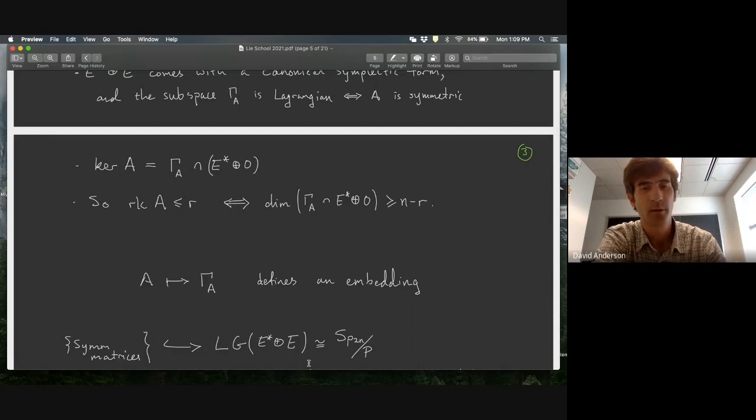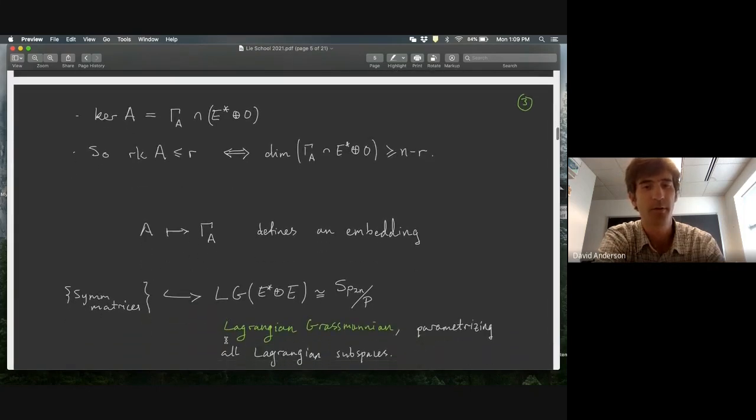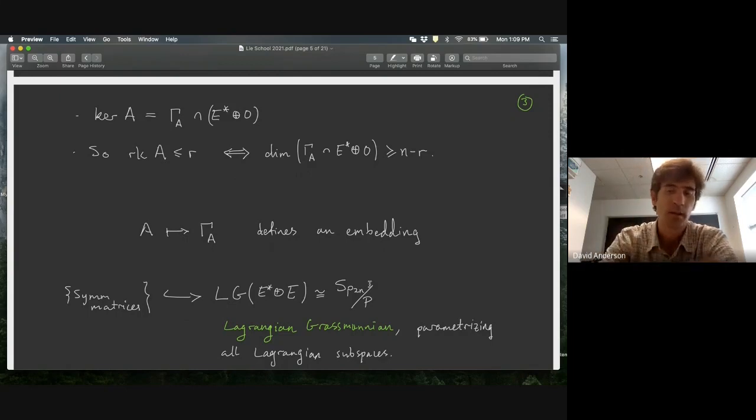And this LG stands for the Lagrangian Grassmannian, and it parameterizes all Lagrangian subspaces. And I've written here to start making the connection with Lie theory. By Witt's theorem, any Lagrangian subspace gets moved to any other one by an isometry of the symplectic form.